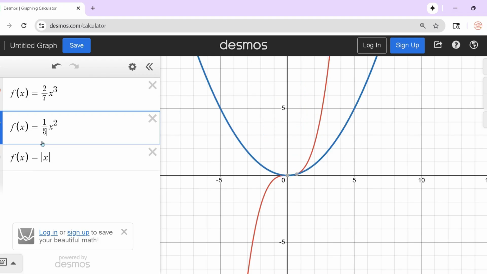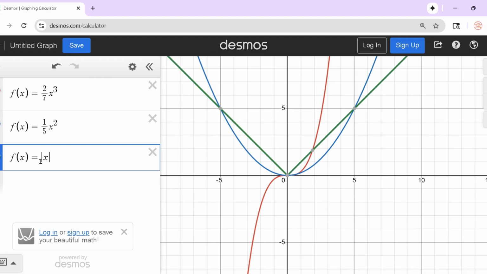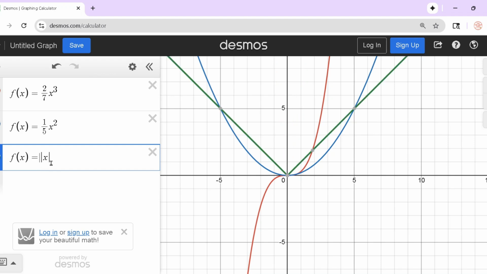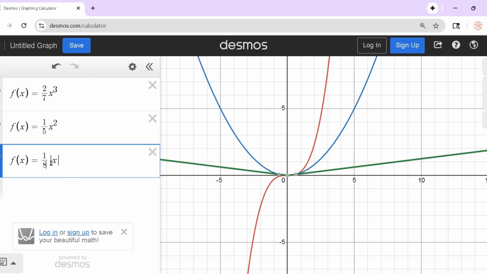If it was 1/5 x squared, it becomes wider. Here's our absolute value of x. Let's say 8. There it becomes narrower. But if I did 1/8, it becomes wider. Yep, between 0 and 1, those fractions make it wider. Anything greater than 1 makes it narrower.